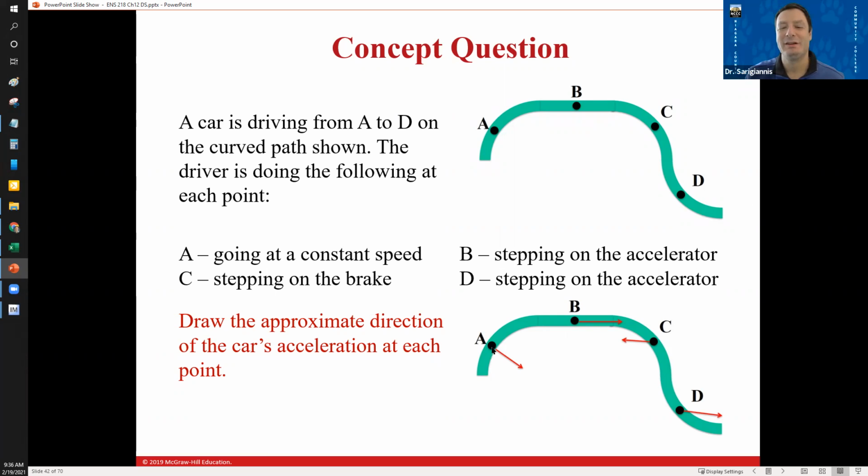Point A, right? You're going at a constant speed. So in this case, there's only going to be a normal component of acceleration, pointed in towards the center of the radius of curvature of that curve at that instant.